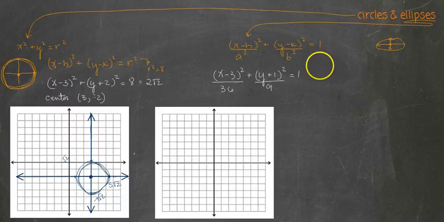So in this case, I have a equals 6 because a squared is 36, and b equals 3 because b squared is 9.